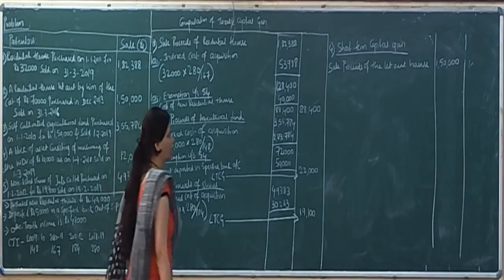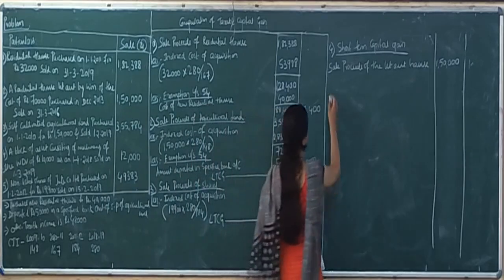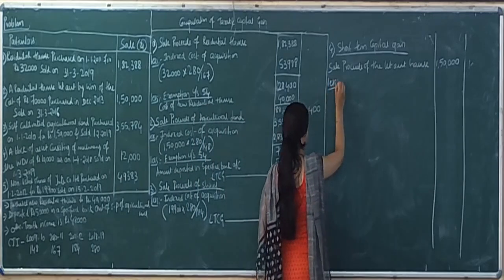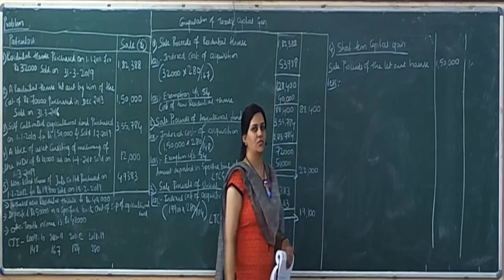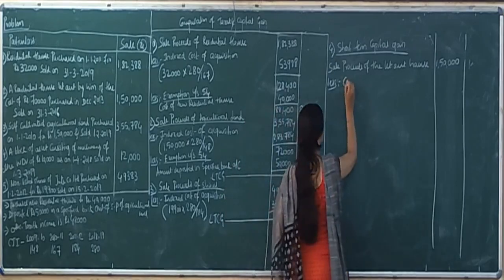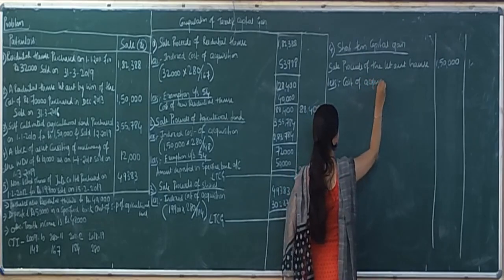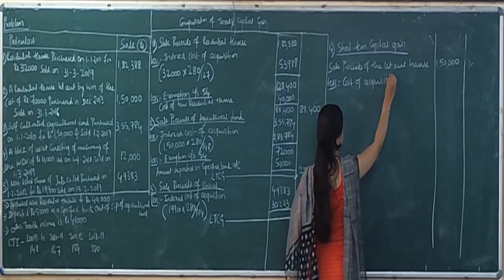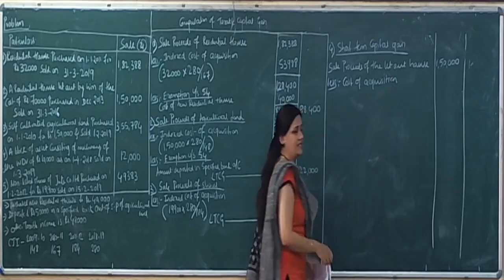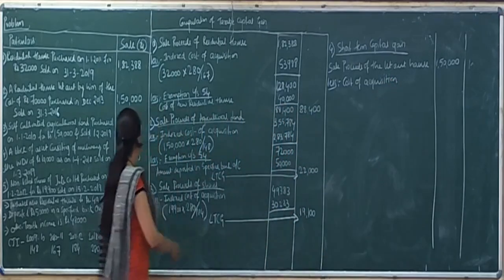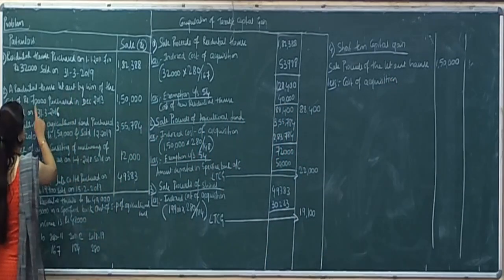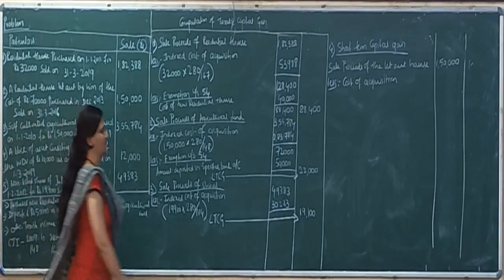Okay, so now here as it is used for less than 36 months, we don't have to index it. So directly deduct the cost of acquisition. So what is the cost of acquisition of this particular asset?